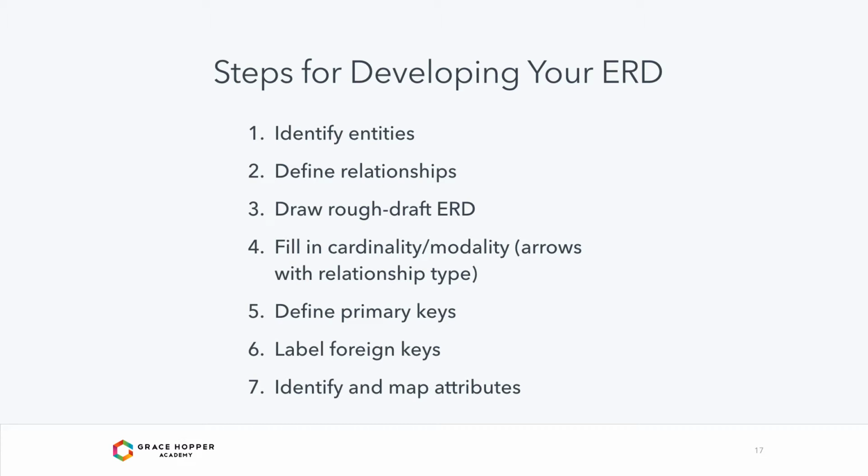Fill in the cardinality. It's a separate step, so you can say this has many, or this has one, or this belongs to another entity. And then you start fleshing it out such that you could define a table. So come up with primary keys, label which columns hold foreign keys, and then figure out where all the attributes live and write them down.